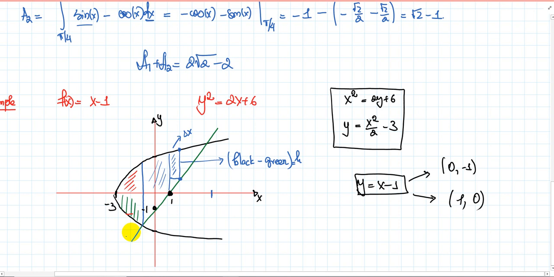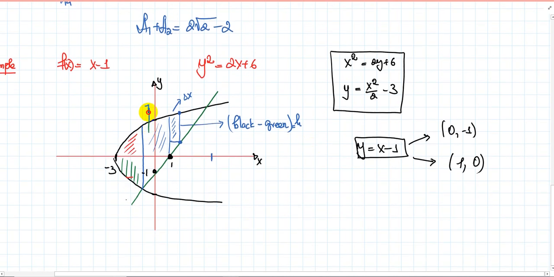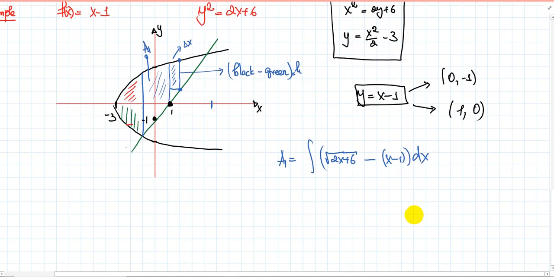So what will be this region? The one with the dash was the blue. Let me call this A1. The A1 region is equal to the integration of the square root of 2x plus 6, minus (x minus 1), dx, where x changes from some value to some value, okay?